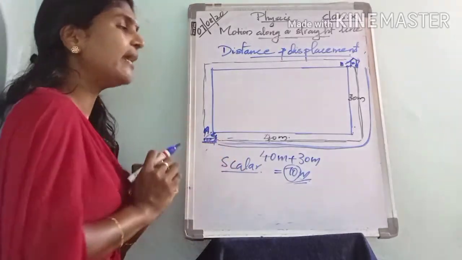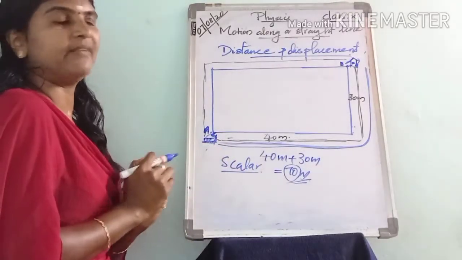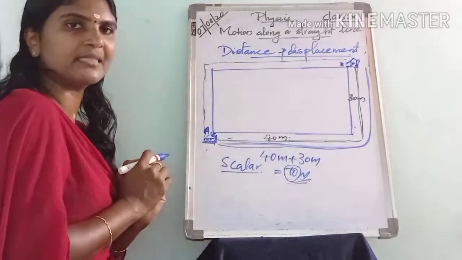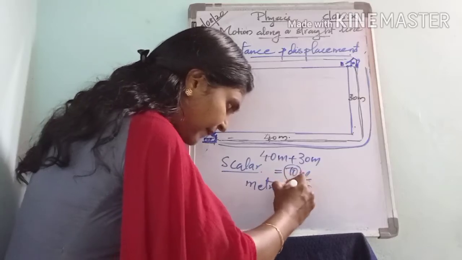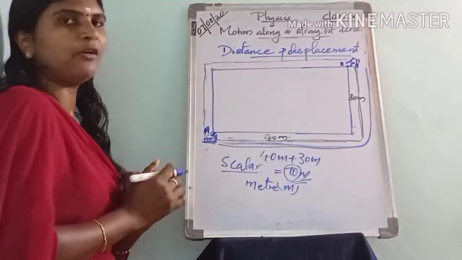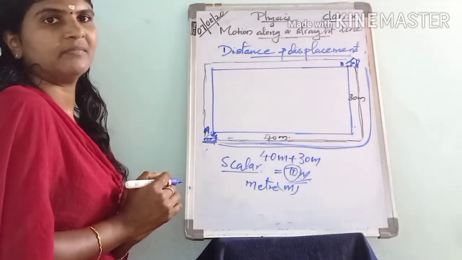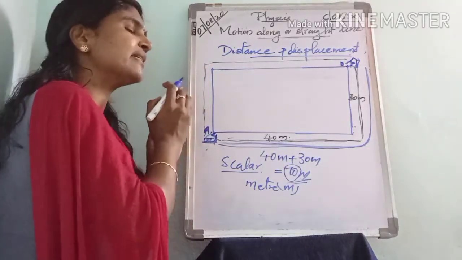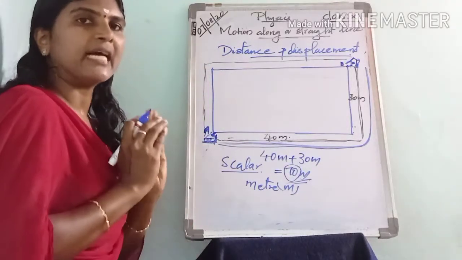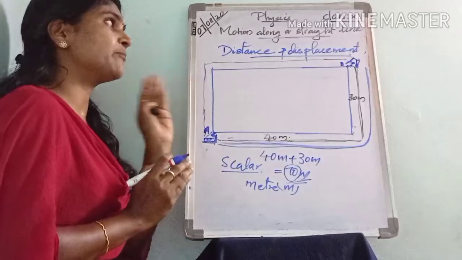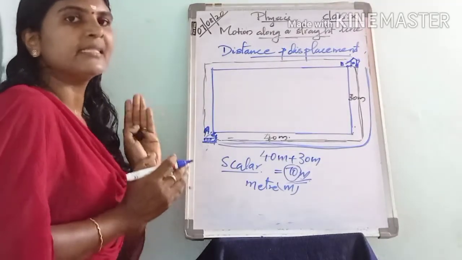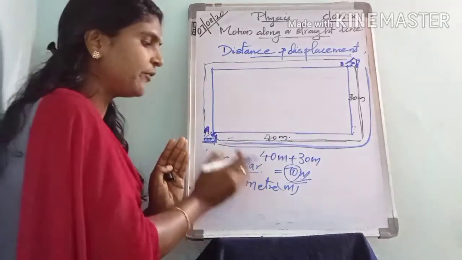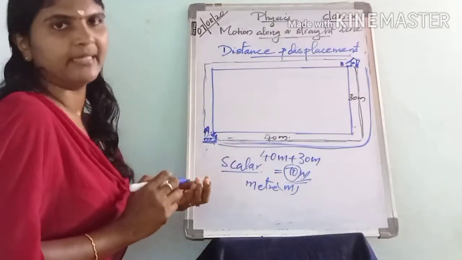Then what is the SI unit of distance? It is meter. So distance is the total path length covered by an object during its motion, it is a scalar quantity, and the SI unit of distance is meter.